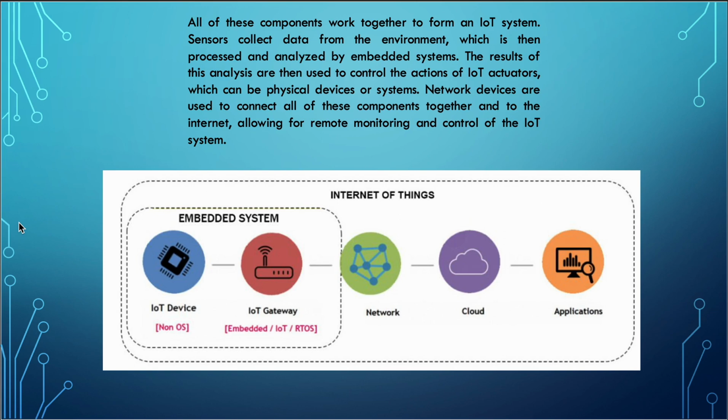This following statement: all these components work together to form an IoT system. Sensors collect data from the environment, which is then processed and analyzed by an embedded system. The results of this analysis are then used to control the actions of IoT actuators, which can be physical devices or systems.